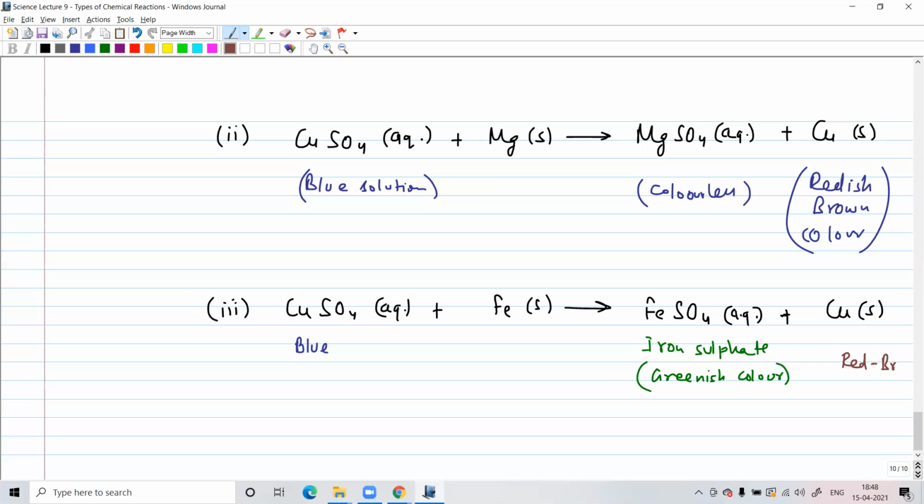Wherever it is 2, it will be called ferrous. Wherever the valency is 3, it will be called ferric. To avoid that ferrous ferric confusion, you can just write it as iron sulfate, because right now you don't need to bother about the valencies of iron. That is a little complex for 10th standard right now.